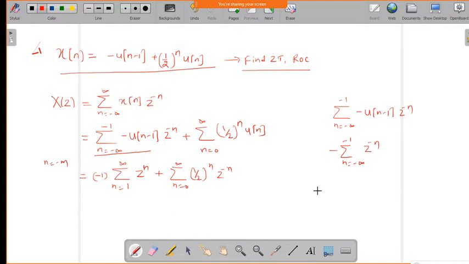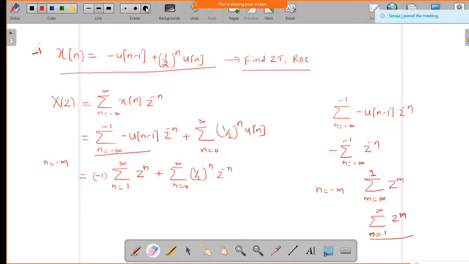Now if you substitute n equal to minus m, whenever n is minus infinity, m varies from plus infinity to plus 1. Wherever n is there, if you replace it with minus m, it becomes z power m. Now m is a dummy variable, so we can replace m by n, which gives n equal to 1 to infinity z power n. Like this we can rewrite it.